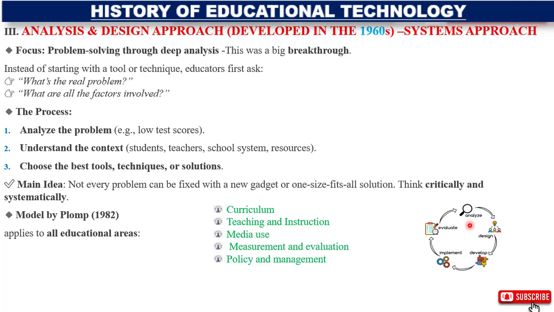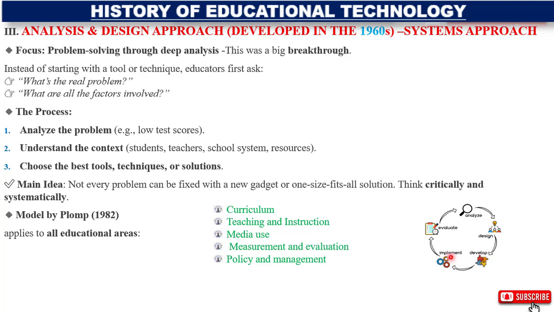The first stage is the analysis stage. This is the stage where we gather information to understand the real issue. The next stage will be the design stage. So after understanding the problem, we now plan solutions. The next will be the development stage. So at this stage, we create the solution that we designed.